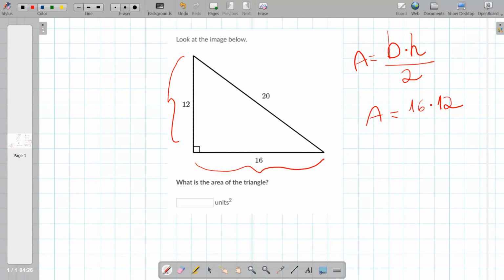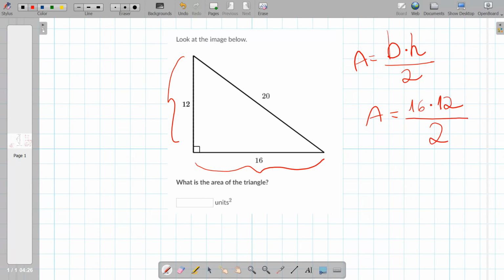And we can also flip it 90 degrees counterclockwise, and we can consider 12 as the base and 16 as the height, but it doesn't matter because either way we multiply 16 by 12 or 12 by 16, we get the same result, and we divide it by 2.